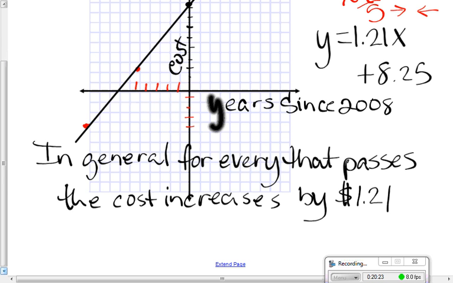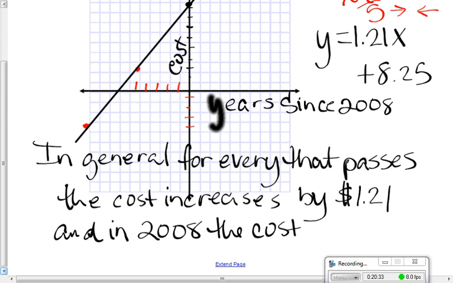And in 2008, the cost was $8.25. Okay? So you can see that's a lot more specific than just saying, as the years increase, so does the cost, right? We have a little bit more data and we can take it a step further.